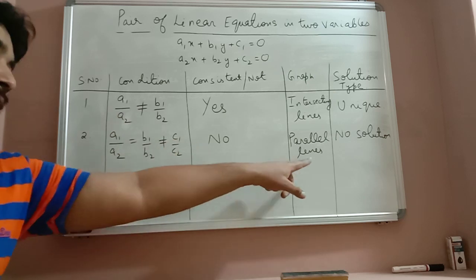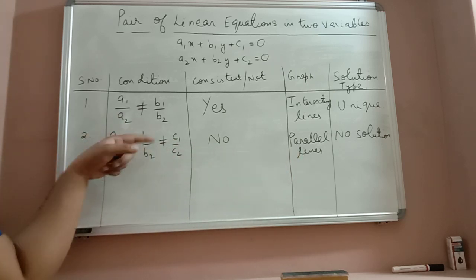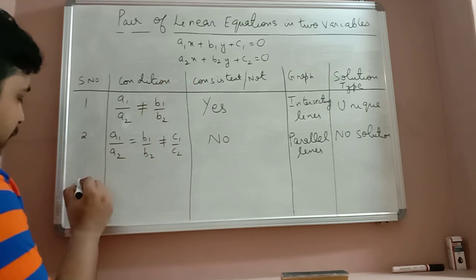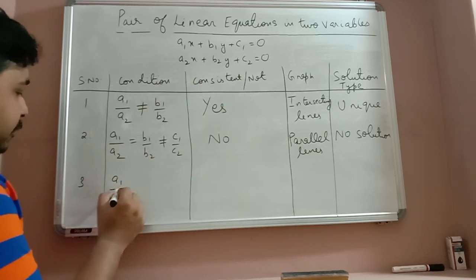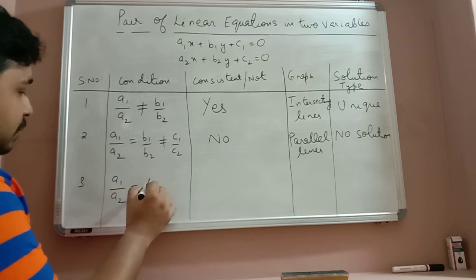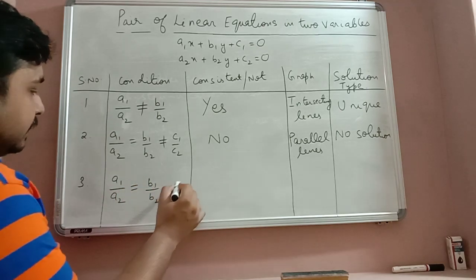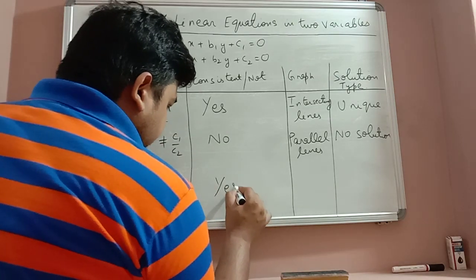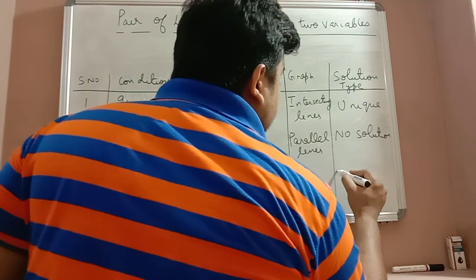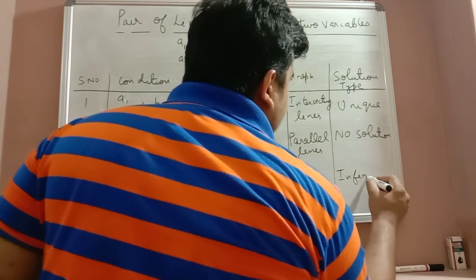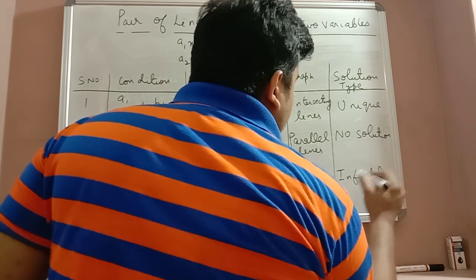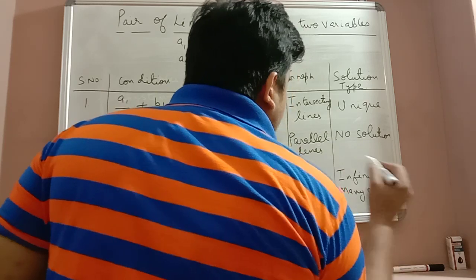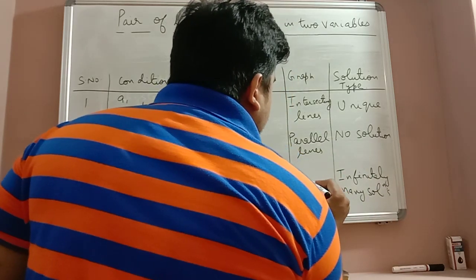So for parallel lines, the condition is a1/a2 = b1/b2 not equal to c1/c2. Now thirdly, we can also have a condition like this: a1/a2 = b1/b2 = c1/c2. In this case also the system is consistent. We have infinitely many solutions, and the lines are coincident.